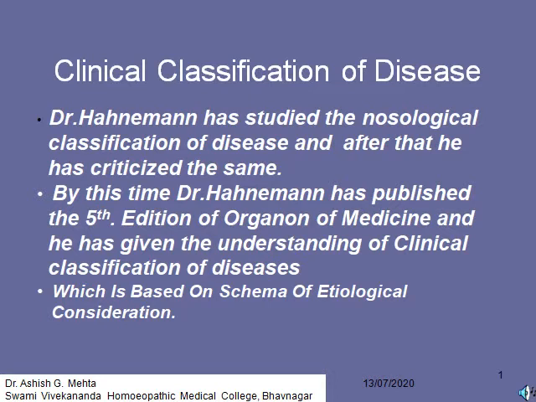This clinical classification of the disease is mainly based on the schema of etiological considerations, means it is based on the consideration according to the causes which are responsible for the production of the various kinds of diseases.